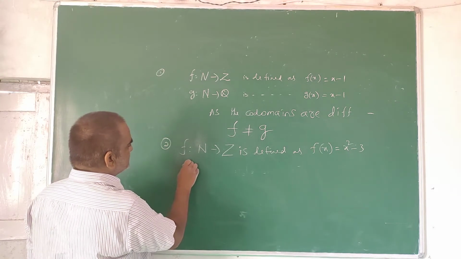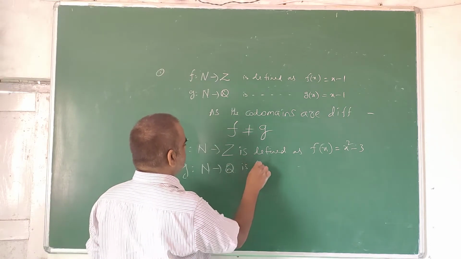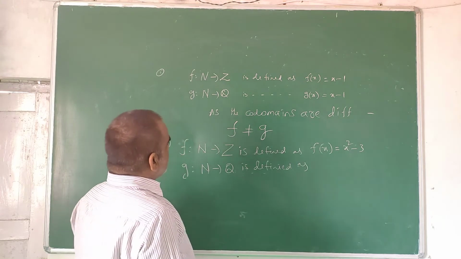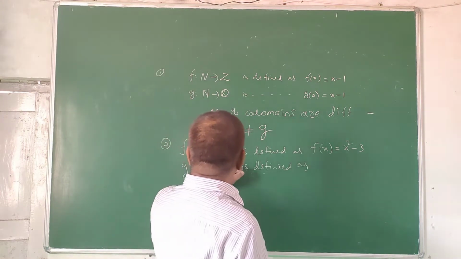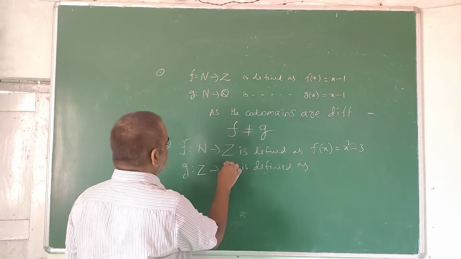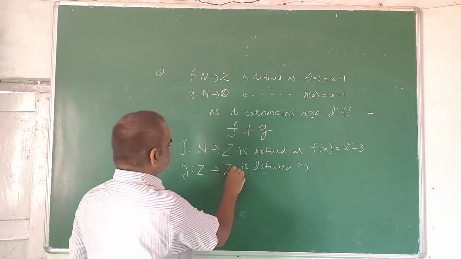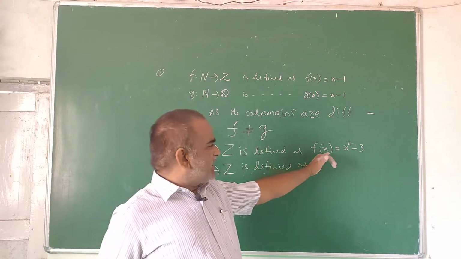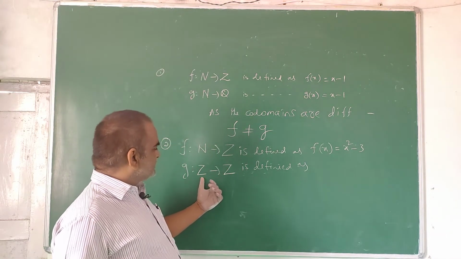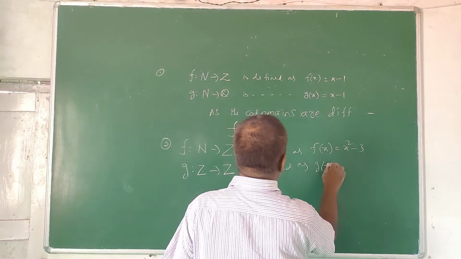And g, let us take g as some Z to R, or Z to Z. So f from N to Z is defined as f of x is equal to x square minus 3, and another function g from integers to integers, Z to Z, is defined as g of x is equal to x square minus 3.